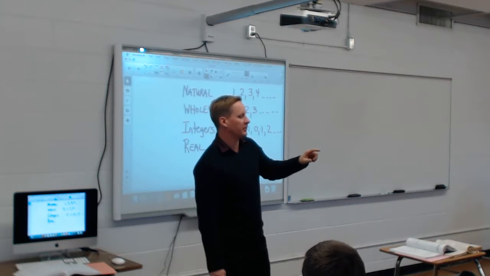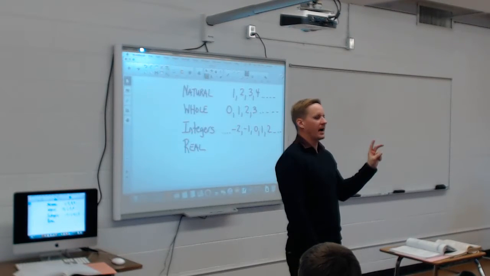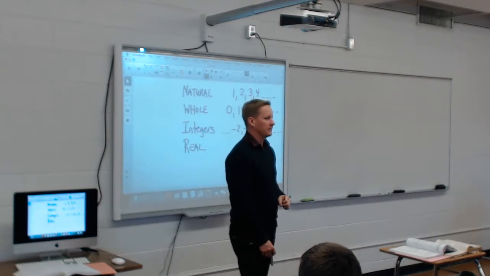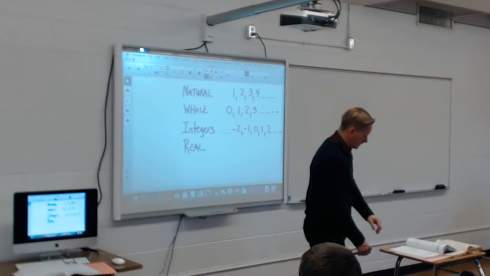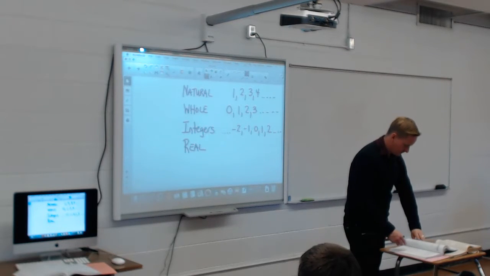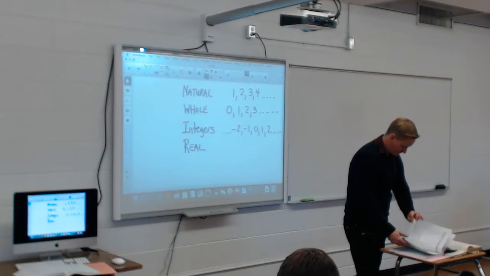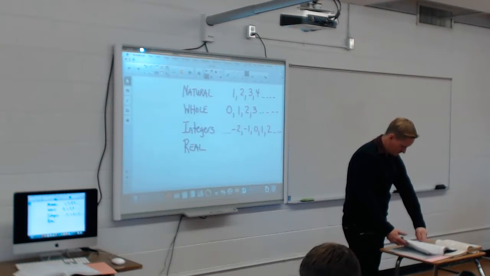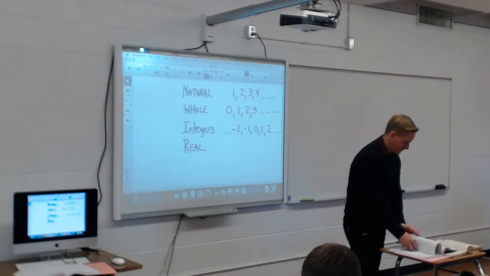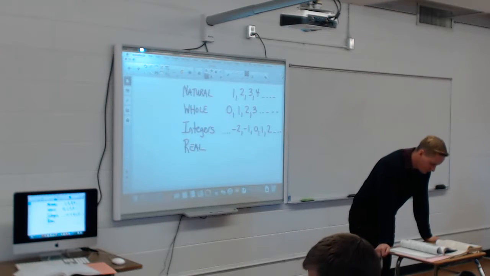The reals also include decimals, rational and irrational. The whole system is that. So let me just take, I think there was a picture in here. Page 74. Good find. Okay? Take a look at page 74.